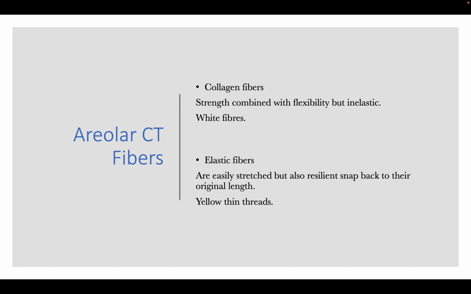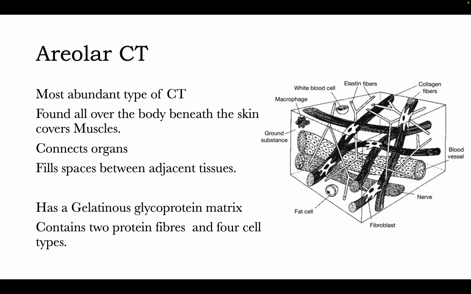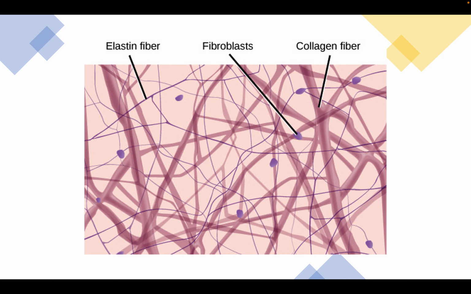However, the collagen fibers help the tissue not to tear in case it is put under pressure. So while the collagen fibers hold the integrity of the tissue, the elastic fibers allow the tissue to be elastic. Now, those are the fibers within. So we have the collagen fibers, these thick ones, and then we have these thin ones being our elastic fibers.